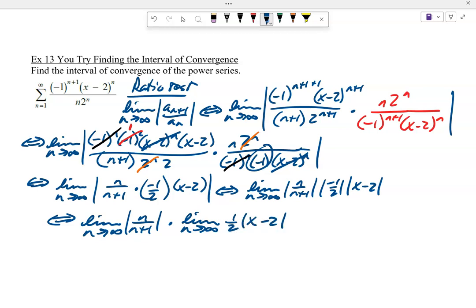And the limit as n goes to infinity of n over n plus 1 will be 1. So we've got 1 times 1/2 absolute value of x minus 2.